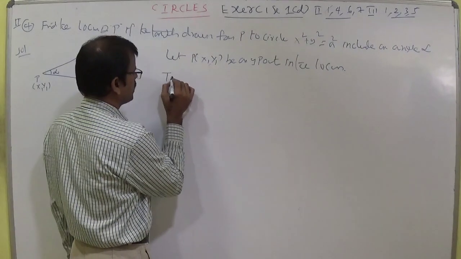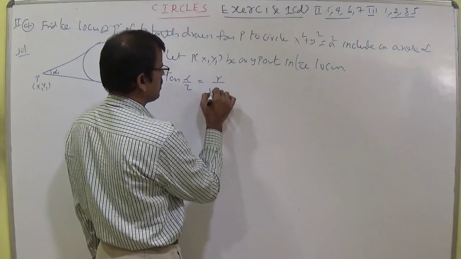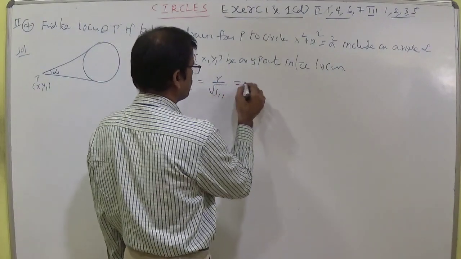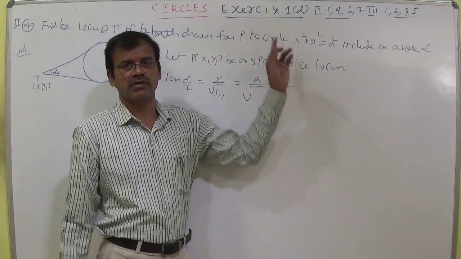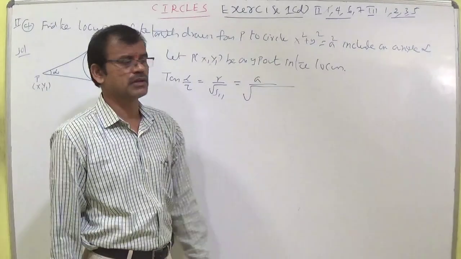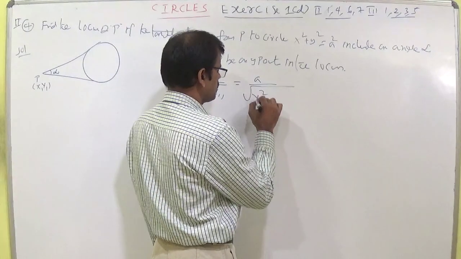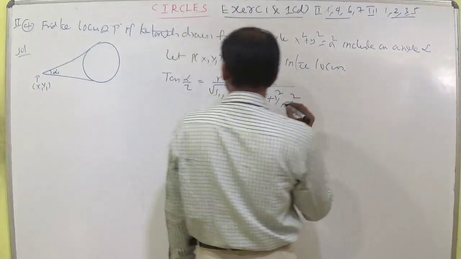Now simply you write the formula tan alpha by 2 is equal to r by root s1. What is r here? It is a. If the point (x1, y1) is substituted here, s1 becomes x1 square plus y1 square minus a square.